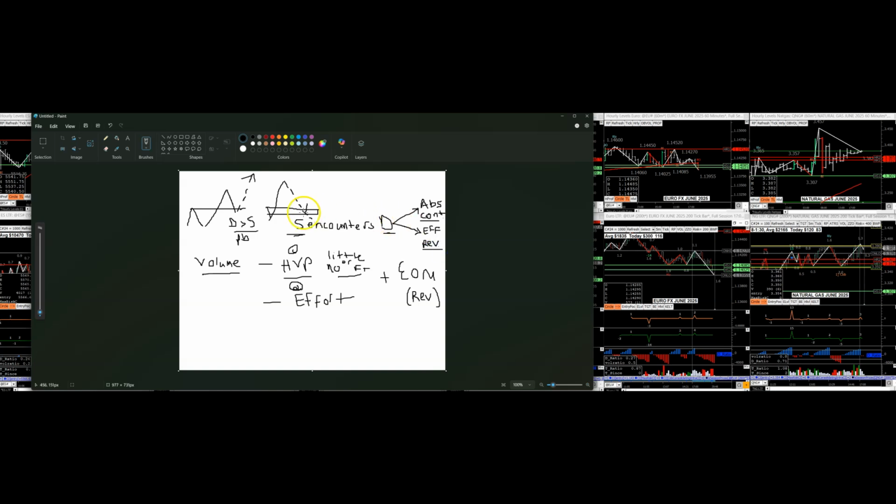So two things: either you absorb and continue down, or there's a lot of effort, you can't move it lower and it reverses to the upside. Okay? So these are the two situations, absorb or reverse. Absorb or effort, and this is what you need to know.